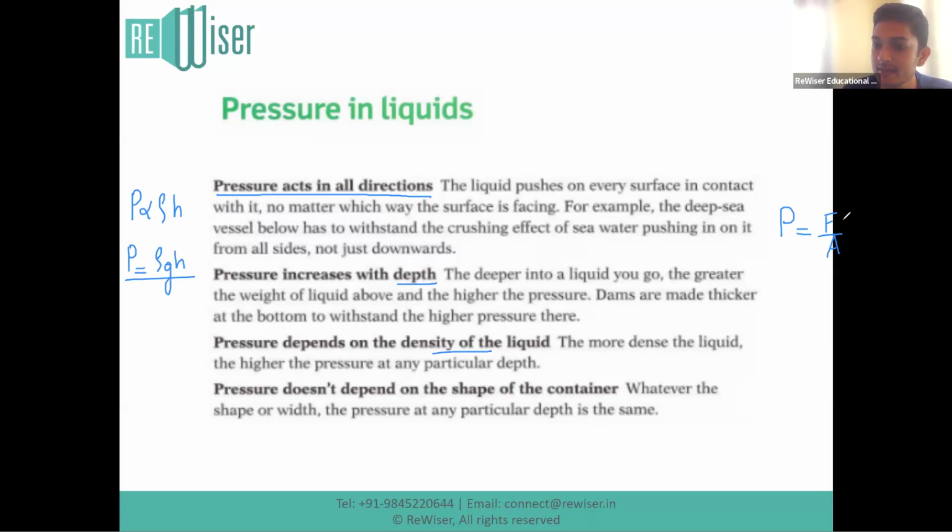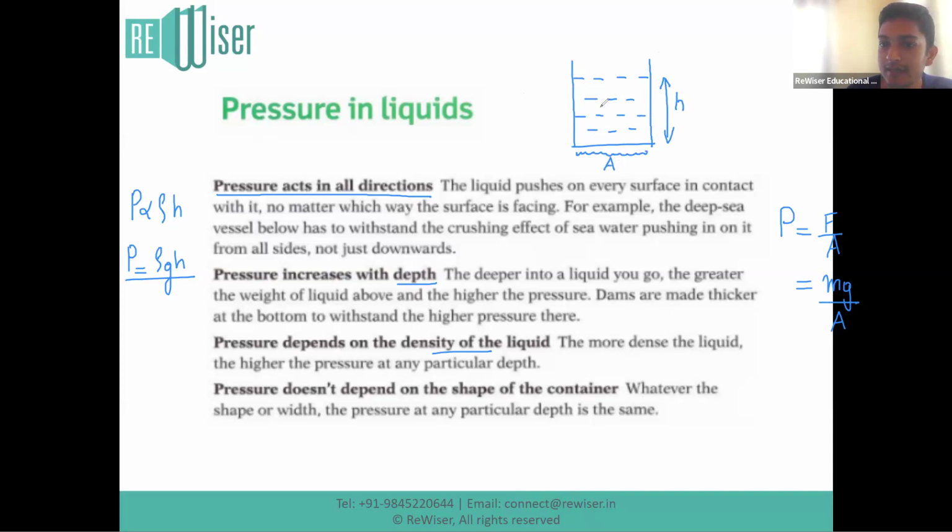Another way to derive it is to look at force per unit area. I know the force applied by the liquid is nothing but its own weight, which is m times g, divided by area. Now, take a liquid in a particular container, filled up to this much height. The liquid has a certain density, a certain mass, and a certain cross-sectional area, as shown here.